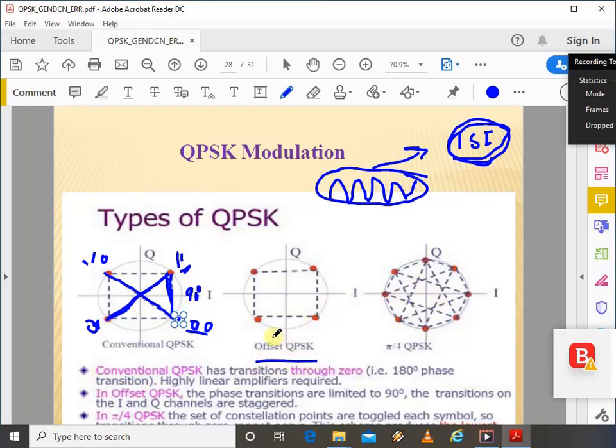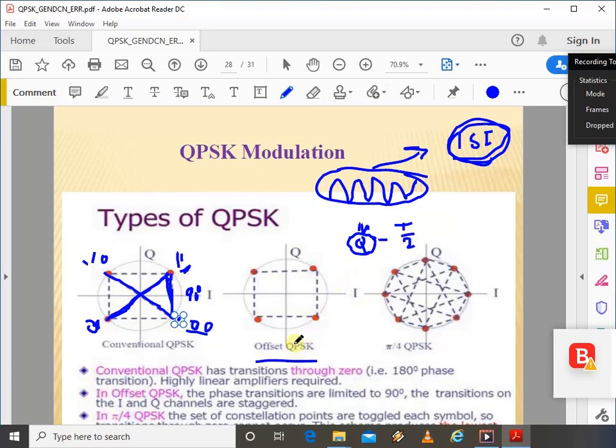In offset QPSK, we have the in-phase component and the quadrature component. What we do is delay the quadrature sequence by half a symbol interval, meaning after half a symbol interval we transmit the quadrature component.